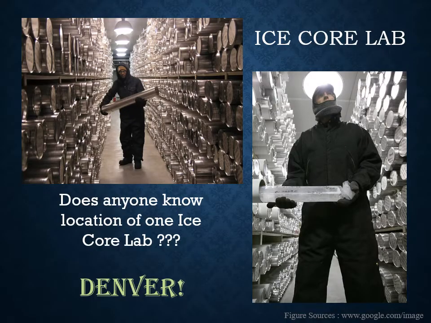Here you can see that, like the sediment cores, the ice cores are also preserved in the laboratory with proper marking and proper information, and this kind of ice core laboratory is found in Denver. So Denver is an example where this kind of ice core laboratory, like a library, is found.